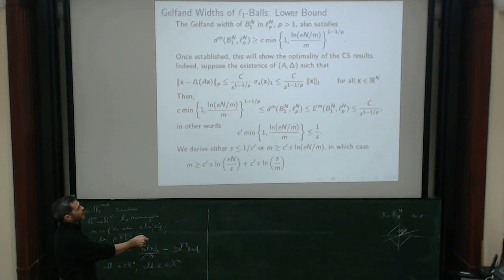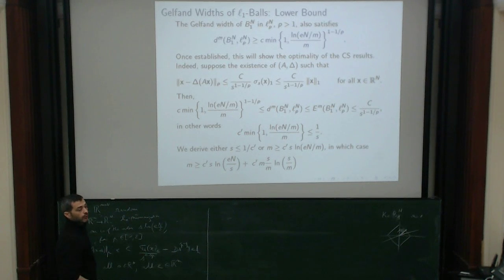Log of en over m is log of en over S times S over m. And then I separate the logs in two. Now, this step here, I'm going to write S over m multiplied by m. S is smaller than m, so if you look at the graph of x log x, it looks like that.